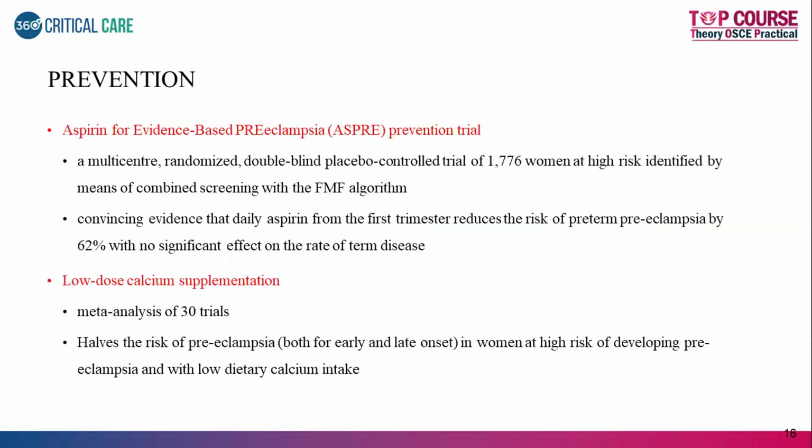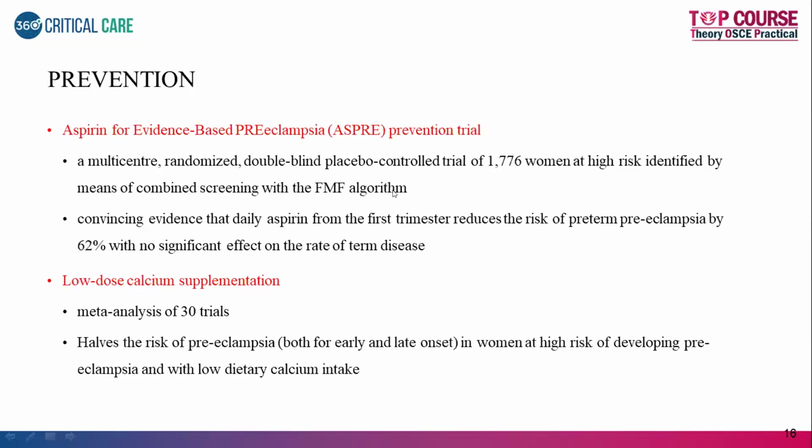Okay. Now, as I told, role of aspirin in preeclampsia. Okay, so it is the ASPRE trial. So it is aspirin for evidence-based preeclampsia prevention trial. Okay, so this was a multicentric RCT, where the trial included around 1700 women at high risk who were identified by means of combined screening with the algorithm.